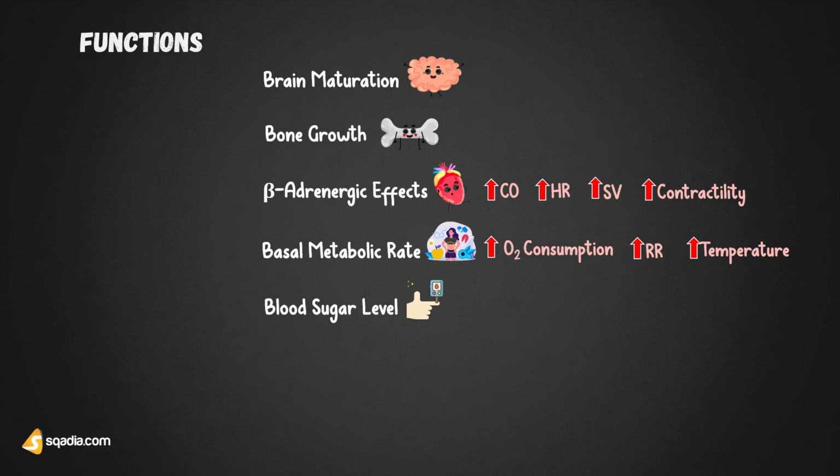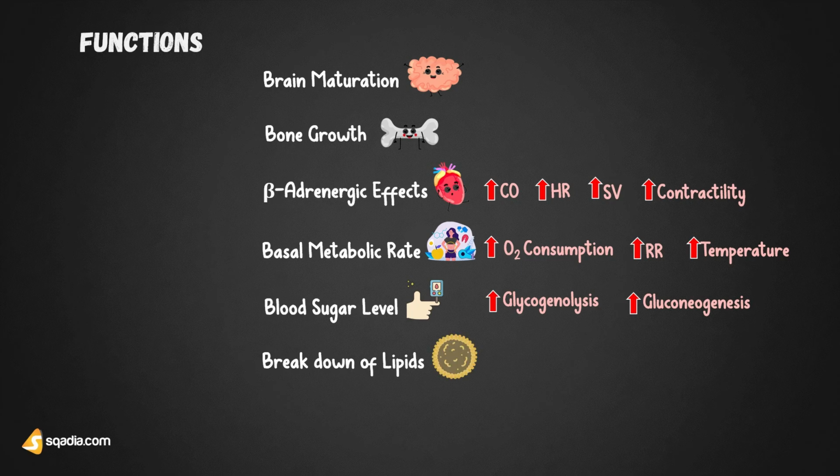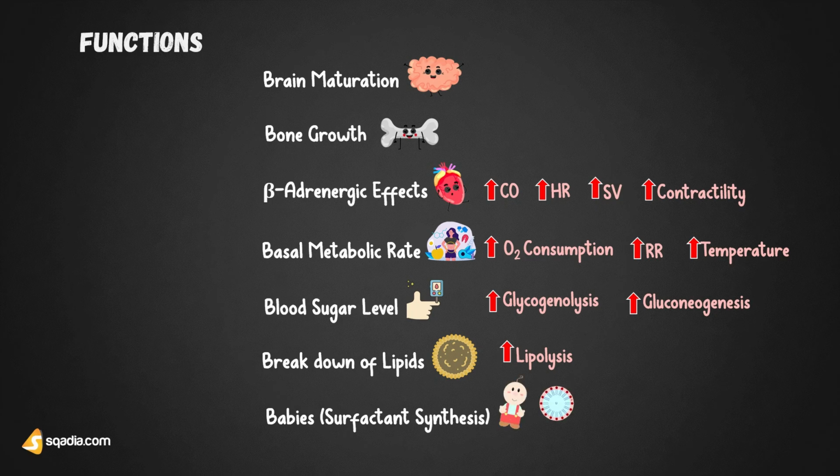Affects blood sugar, as it increases glycogenolysis, which is the conversion of glycogen to glucose, and gluconeogenesis, which is the formation of glucose from non-carbohydrate precursors, breakdown of lipids by increasing lipolysis. Also stimulates surfactant synthesis in babies.